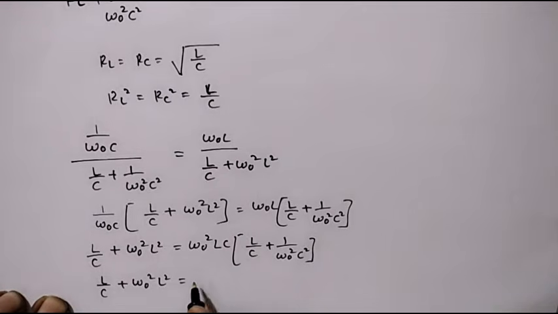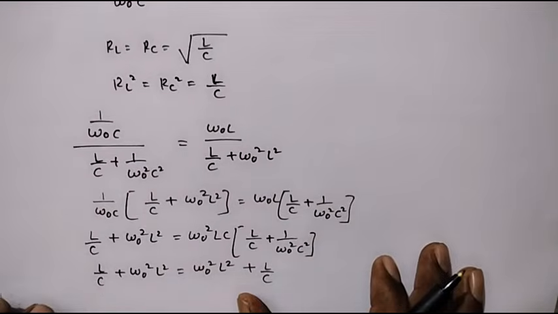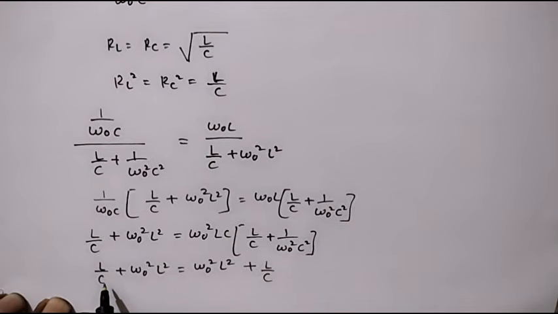I can get it as omega naught square L into L is L square, and C will get cancelled, plus here omega naught square and omega naught square will get cancelled, and 1 C and C square, one C will get cancelled, we get L by C. So now compare the left hand side term, that is L by C plus omega naught square L square, is equal to omega naught square L square plus L by C, that is LHS is equal to RHS.